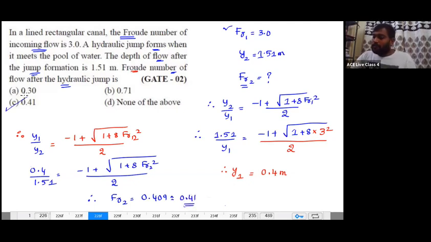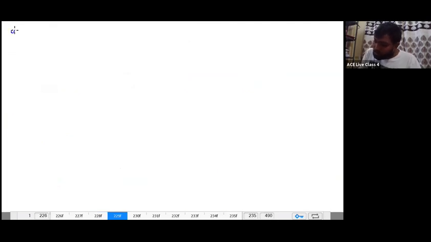This is one way. Or I can go with the other way also. Q square by G is equals to Y1 Y2 into Y1 plus Y2 by 2.